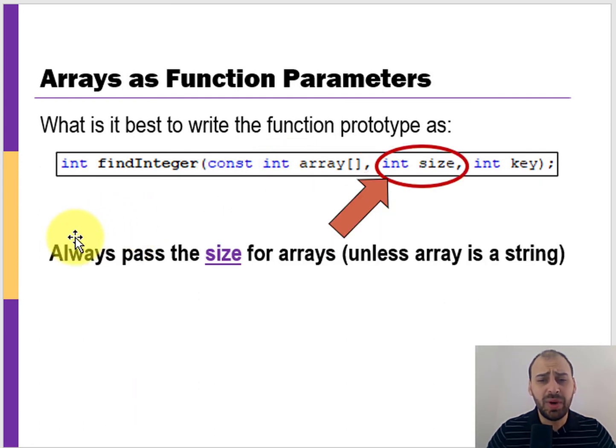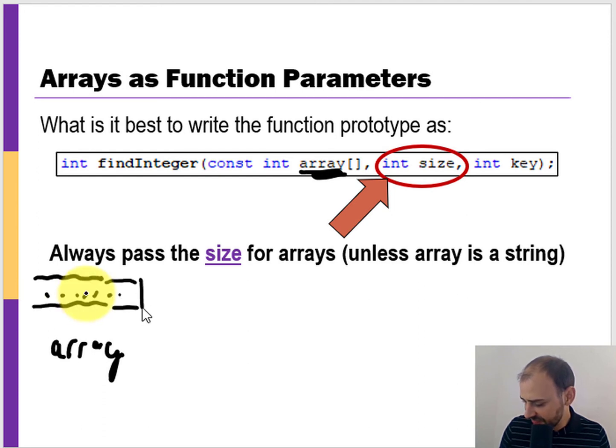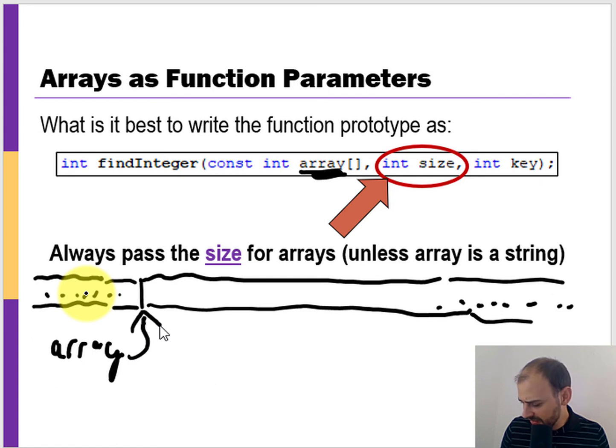The other thing I want to point out, when we talk about passing in arrays, is that we should always pass in the size of an array. The reason is, remember, we're only passing in a pointer. The array here points to a location in memory. When we think of memory, think of memory in and of itself as being like a gigantic array. We have a pointer that points to where the array begins, effectively.